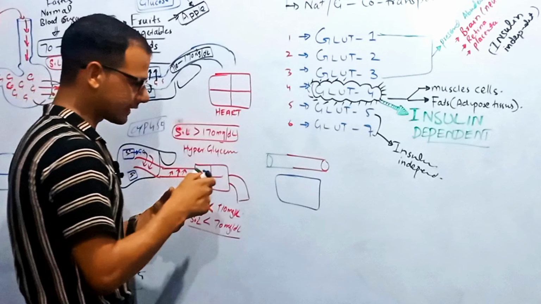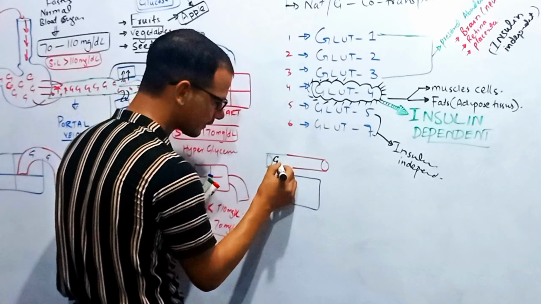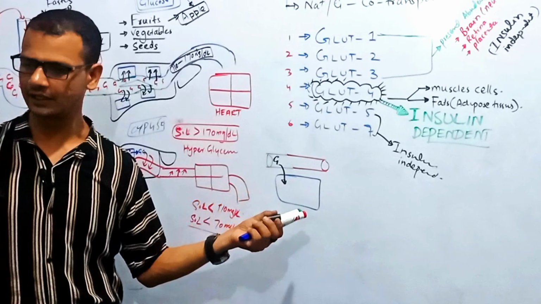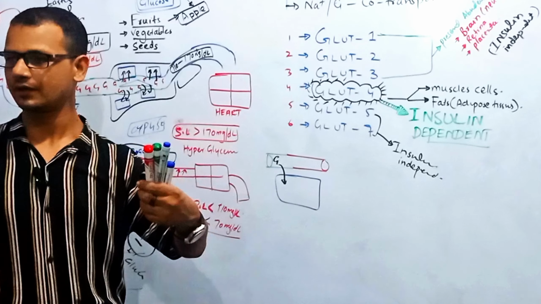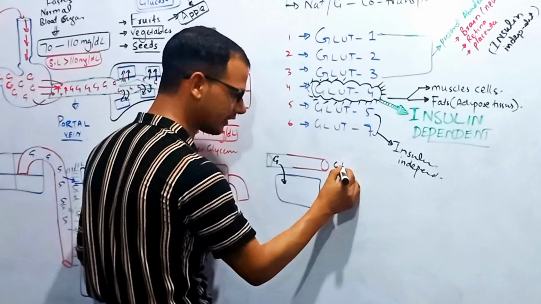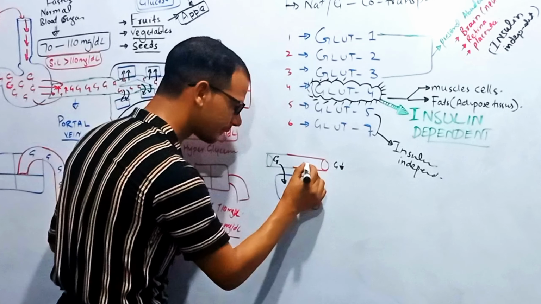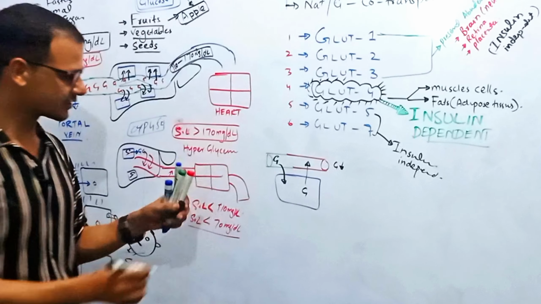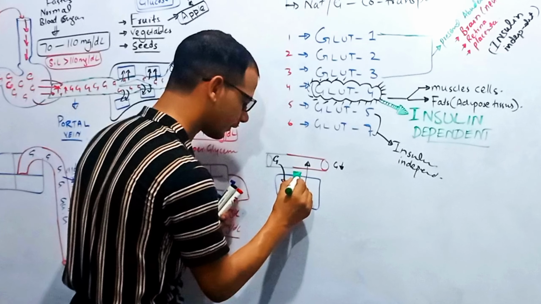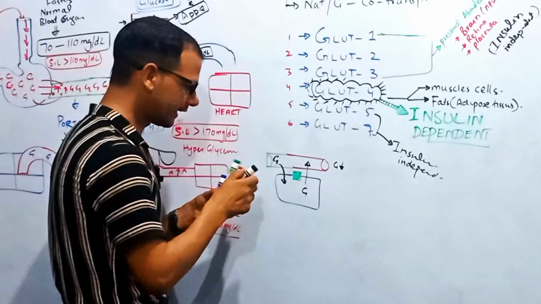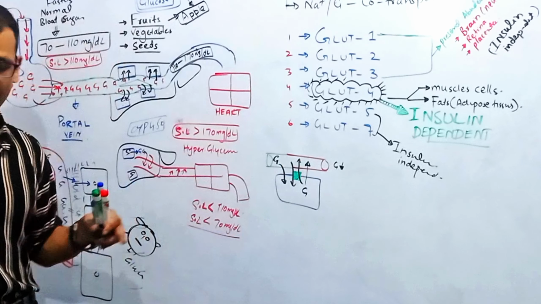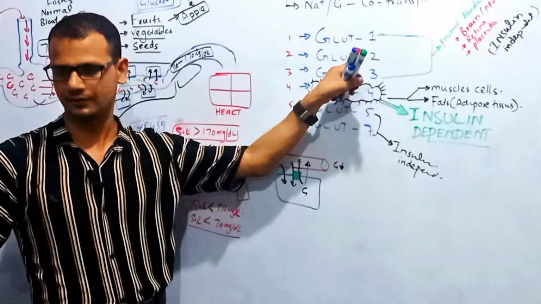It can take glucose easily when glucose is present in extra amount, and when the glucose level decreases in the blood, it can give glucose back to the blood. So this Glut transport system follows a two-way pathway, right? This shows two-way.